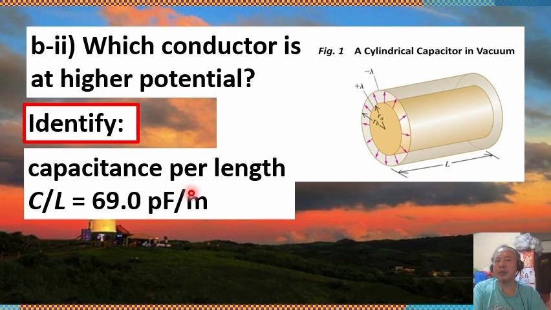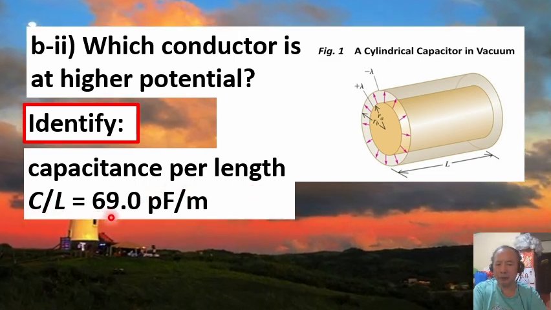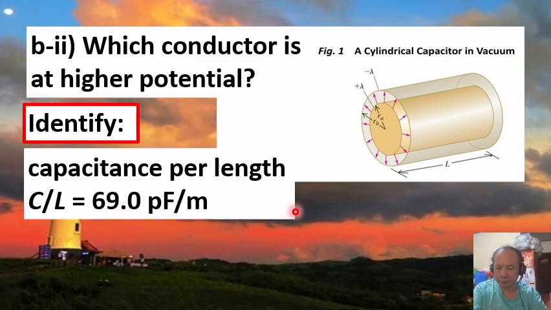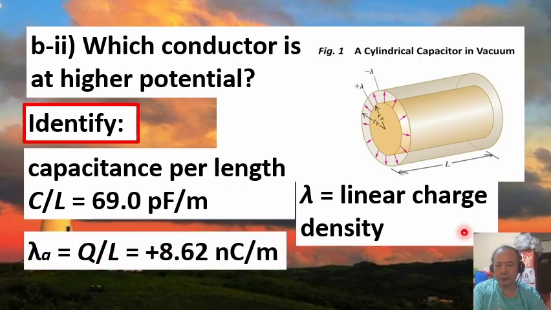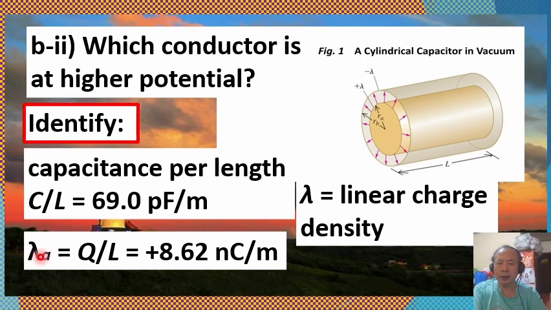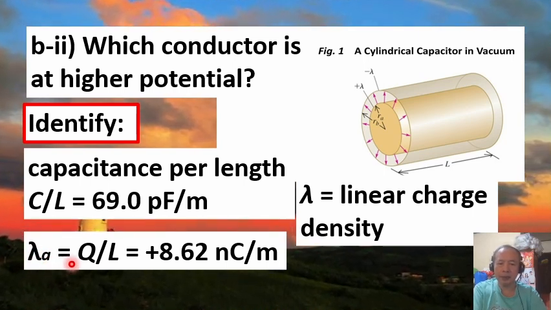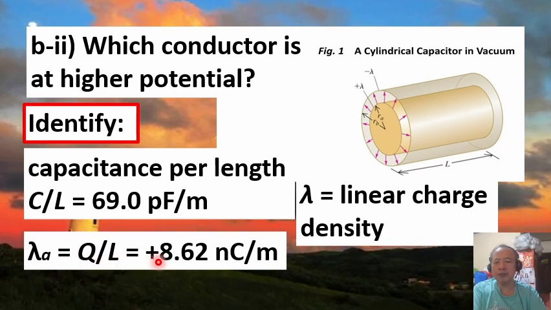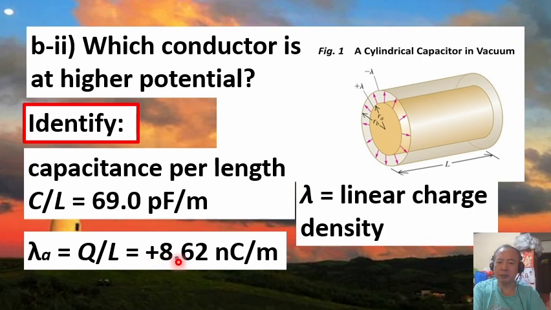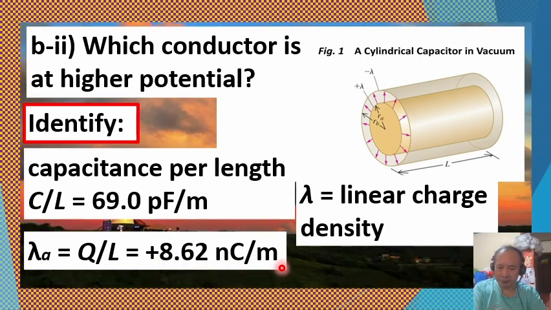The capacitance per length, denoted by capital C over L, is given equal to 69.0 picofarad per meter. And the linear charge density, lambda, for the inner conductor, denoted by lambda sub A, is equal to positive 8.62 nanocoulomb per meter.